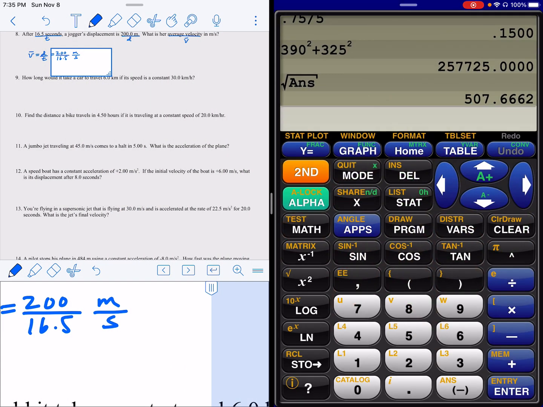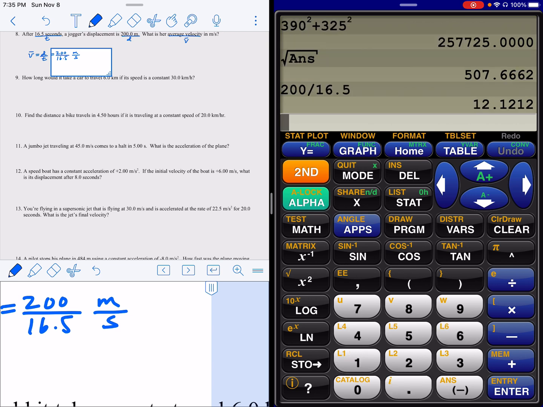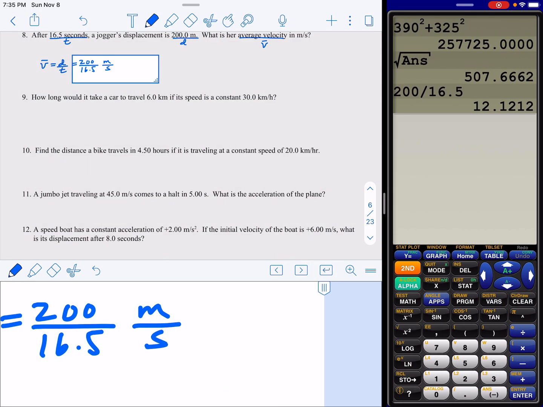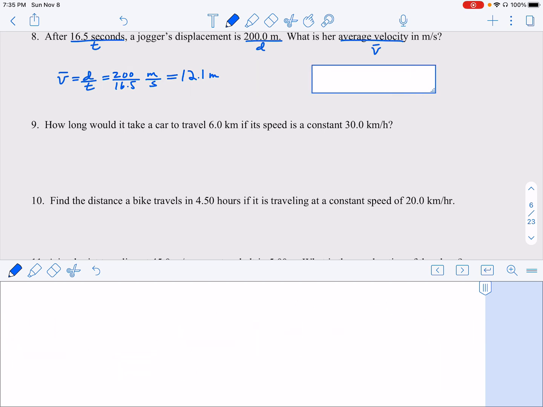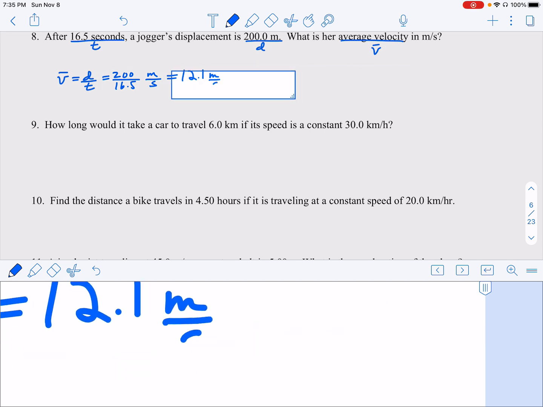Okay, I'll waste a little time doing this. 200 divided by 16.5, 12.12. I'll just say 12.1 meters per second.